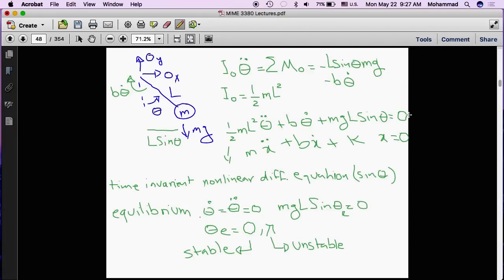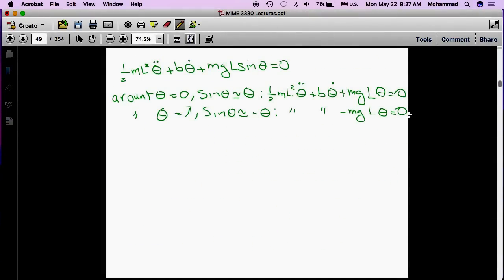Now, if you bring that into the linearized equation, again the first two terms of the equation are equal to 0, and the last term becomes minus mgL (pi minus theta) equals 0.